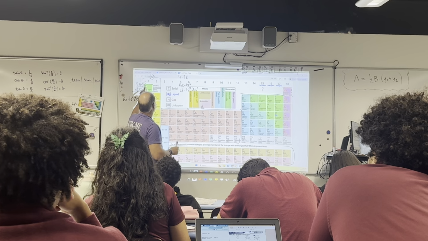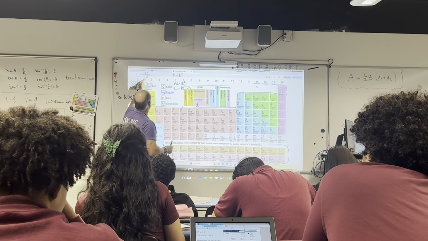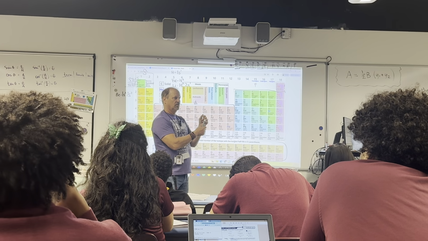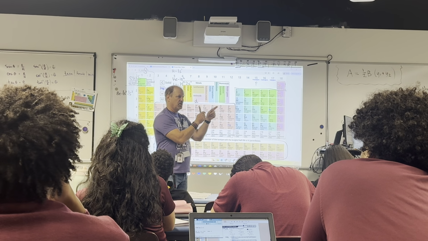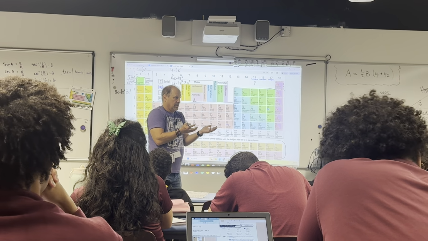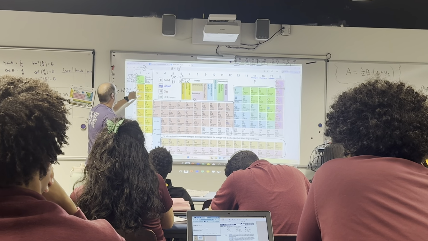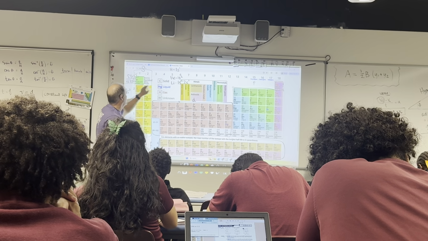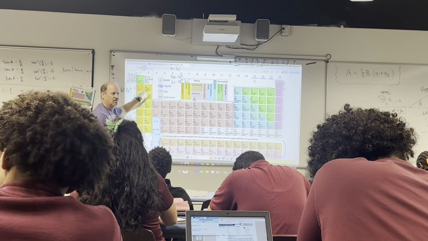So in the first energy level, s orbital, 2 electrons: boom, 1s2. Second level, lithium would be 2s1, and beryllium would be 1s2, 2s2.